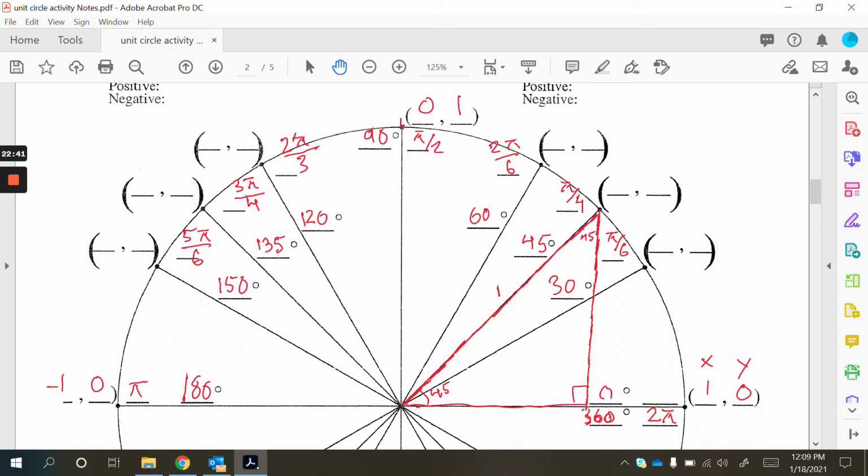All right, so at the 45, we got square root 2 over 2, square root 2 over 2. Over here, when we went 45 degrees past the 90, that was going backwards, so the x changes to a negative, but we were still going up, so the y stays positive.